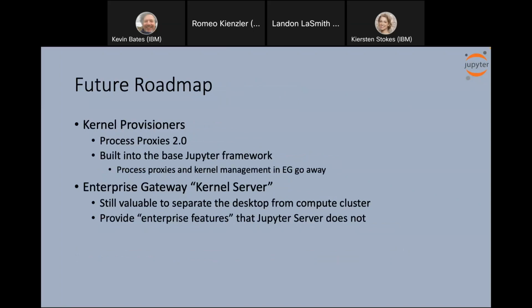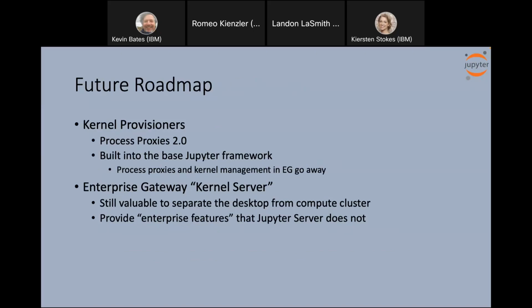All right. So future roadmap. One of the things that I introduced into the base framework are kernel provisioners, and all a kernel provisioner is, is a redux, if you will, of process proxies. But we don't have to override the kernel manager to do any management.